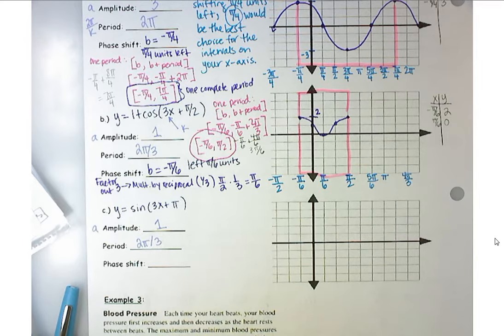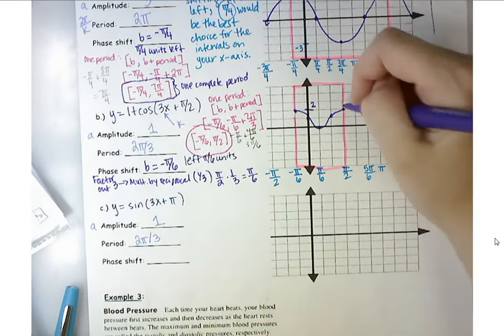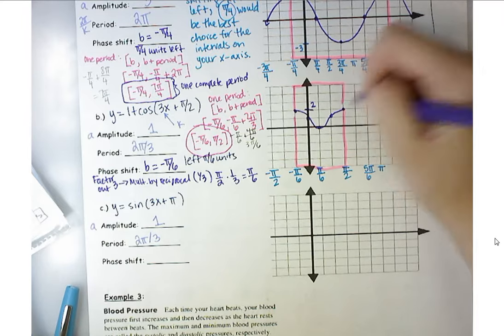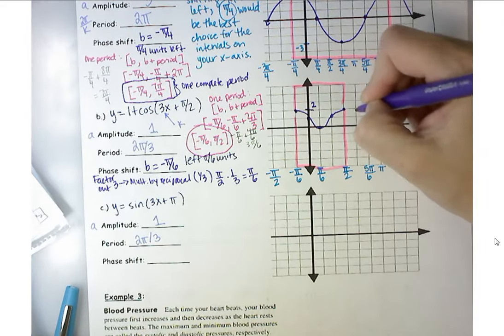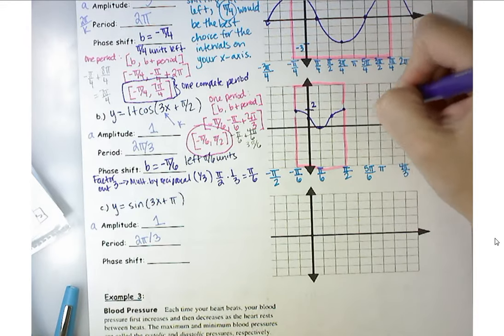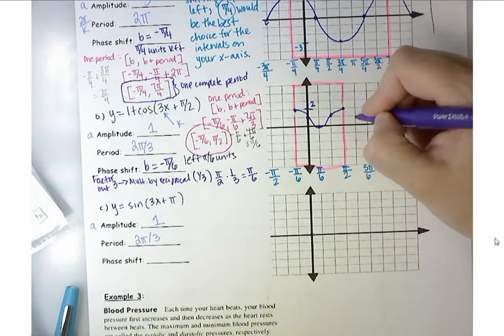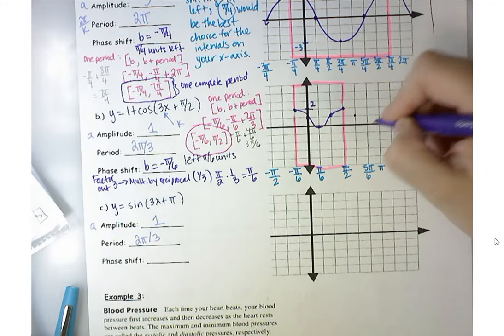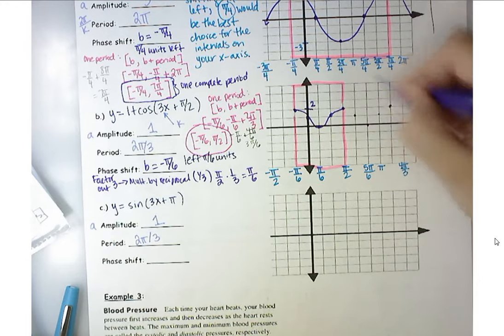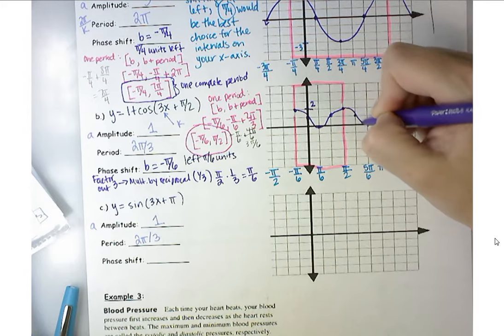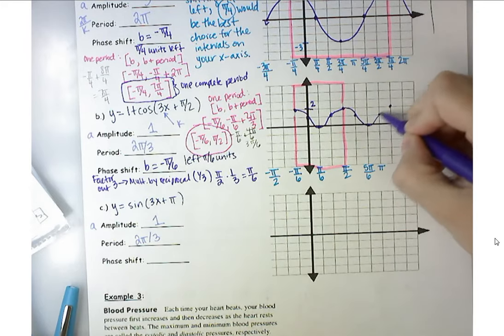Okay, and then we're going to keep going with our pattern. So then, well, really, if it's 4, you could always count 1, 2, 3, 4. And that one's too big. This one's actually pretty nice because you have one on every single unit.